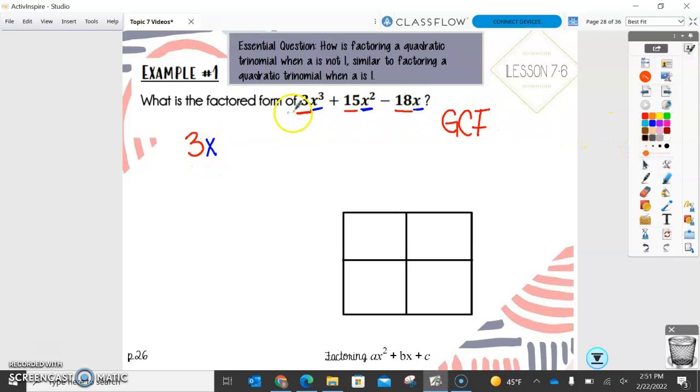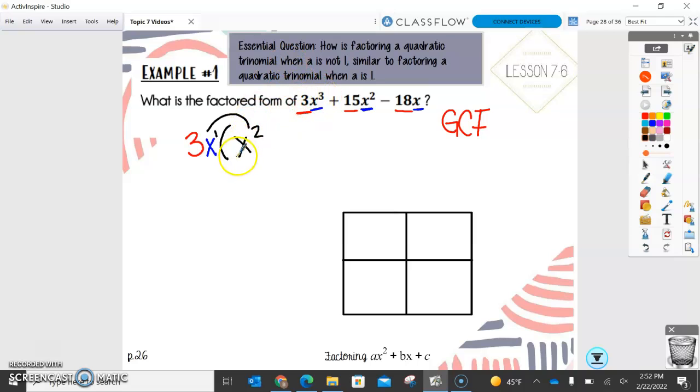So if I pull out the 3x over there, I can think of 3x times what will be left to give me 3x to the third. Well, I already have the 3 out of there, so I don't need that. I just want an x to the 2. Remember, when you have an x to the 1, which we don't write the 1, and an x to the 2, it will make an x to the 3.